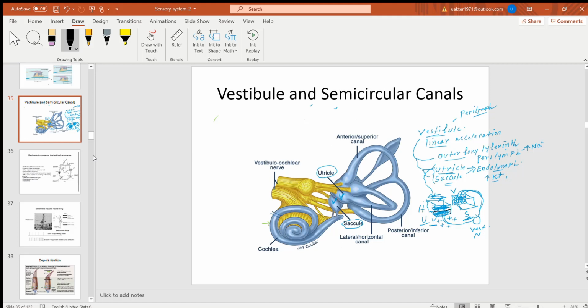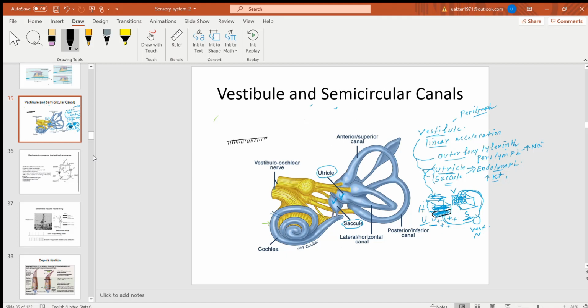This structure where you have the sensory hair cells is called the macula. And if you see the structure of a macula, this is the basement membrane, connective tissue, which supports the sensory epithelium.